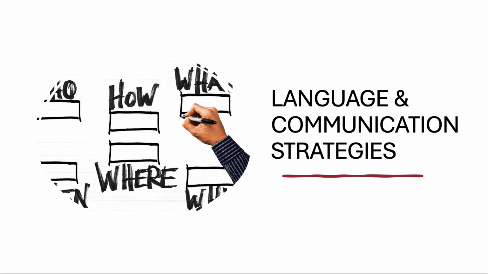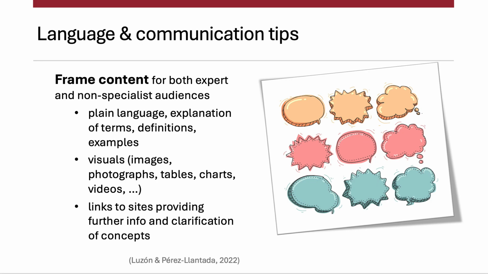But what are the main language and communication strategies of these digital genres? Well, next, what we'll see is some tips for effective communication. Because these genres target non-expert audiences, basically, you need to frame content for both expert and non-specialist audiences. For example, use plain language to make specialized content accessible to your audiences.